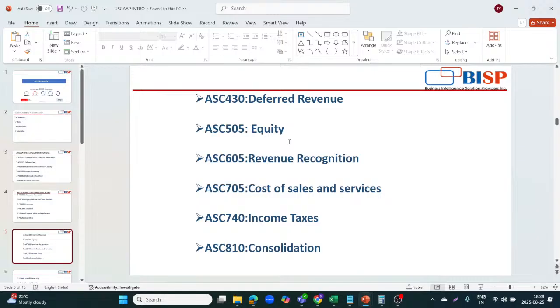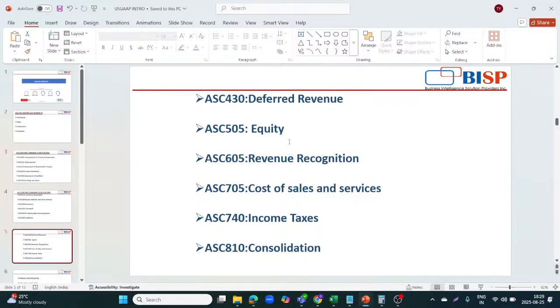It's a very important standard, because if you recognize your revenue correctly, the tax will be calculated accordingly, and your financial statement will show the correct profit. There are various new updates given by the Financial Accounting Standards Board on this particular standard.